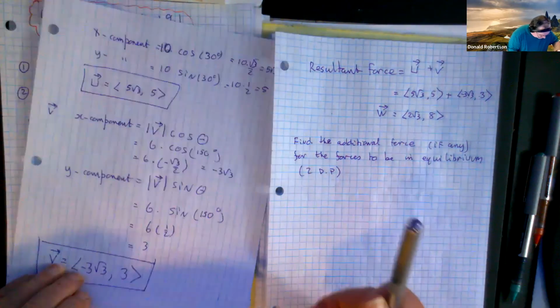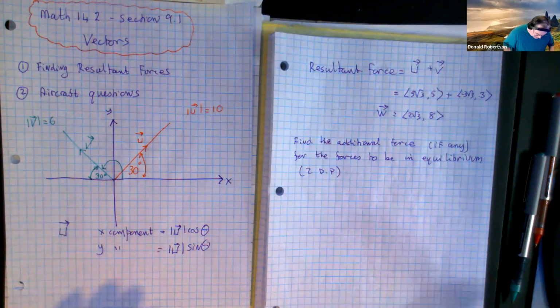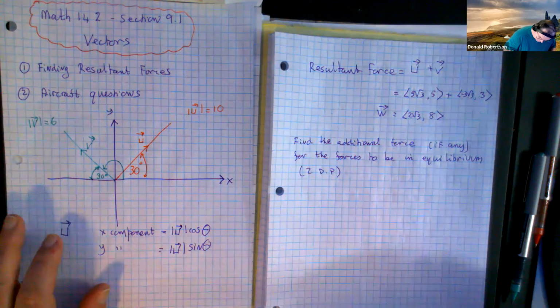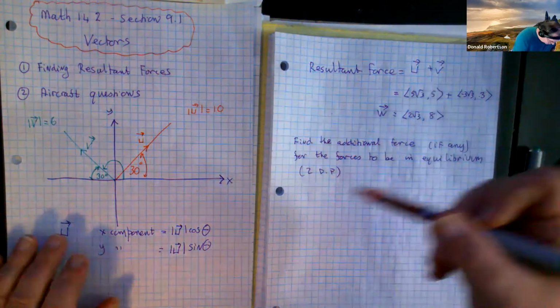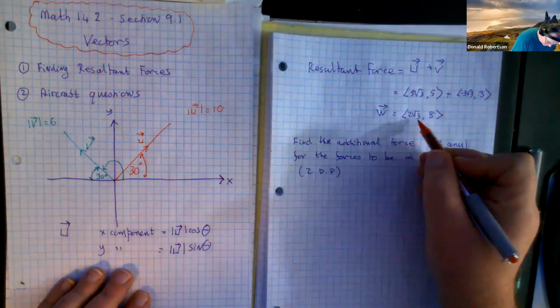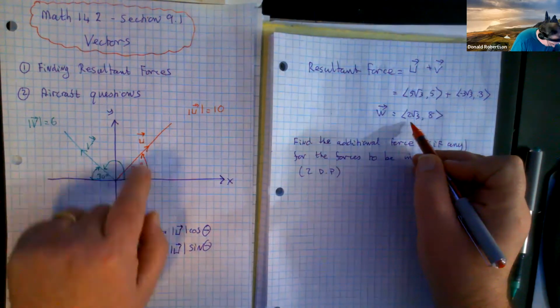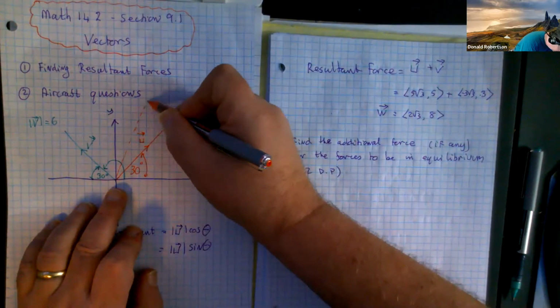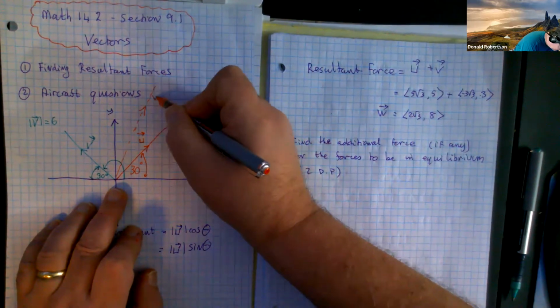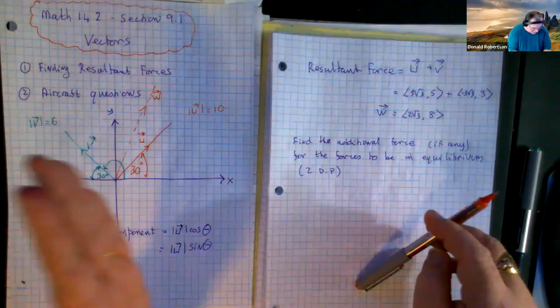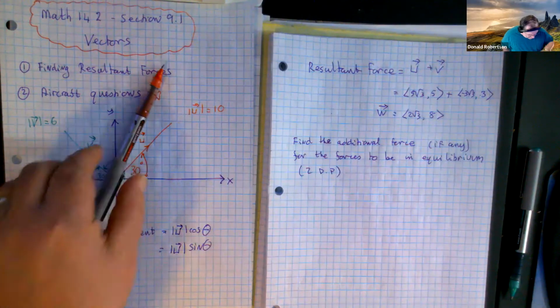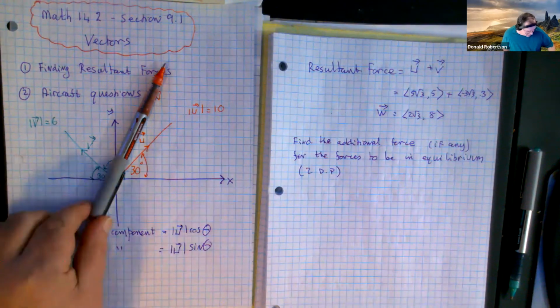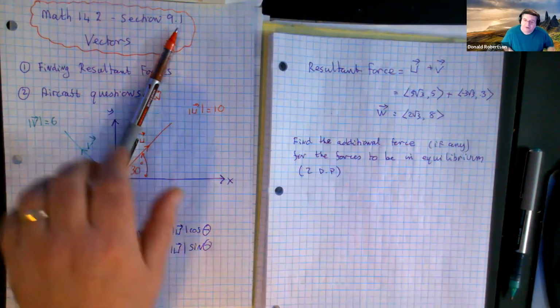So if I return to my picture, if you add these 2 together, the resultant force is roughly 2 and 8 up. So it's about this direction here. If you combine those 2 forces, this single force W, where my pen is, would be the equivalent.